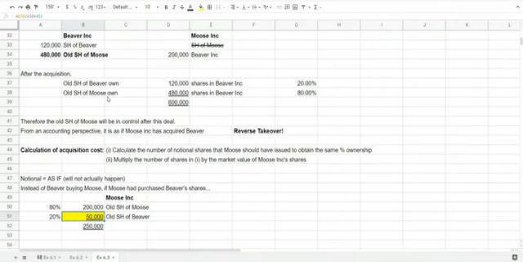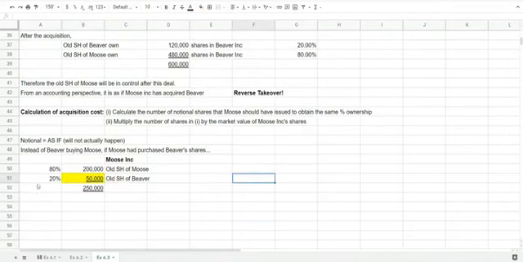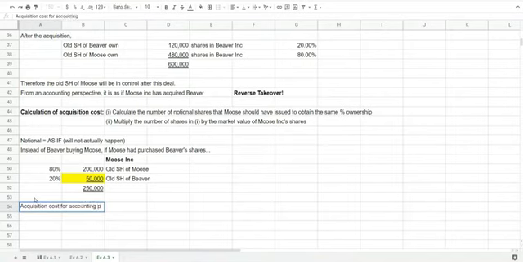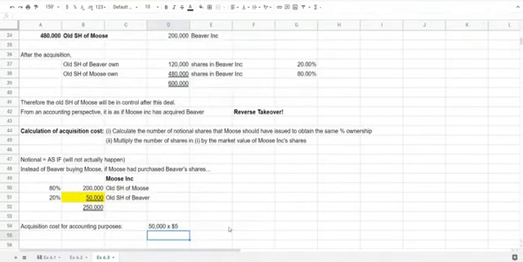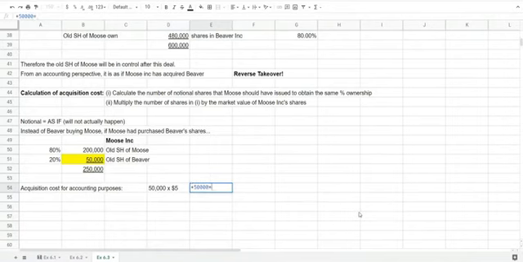Once you've got this number of shares, the notional number of shares, your acquisition cost for accounting purposes is 50,000 shares multiplied by the market price of each share of Moose. $5. 50,000 times 5 works out to $250,000.